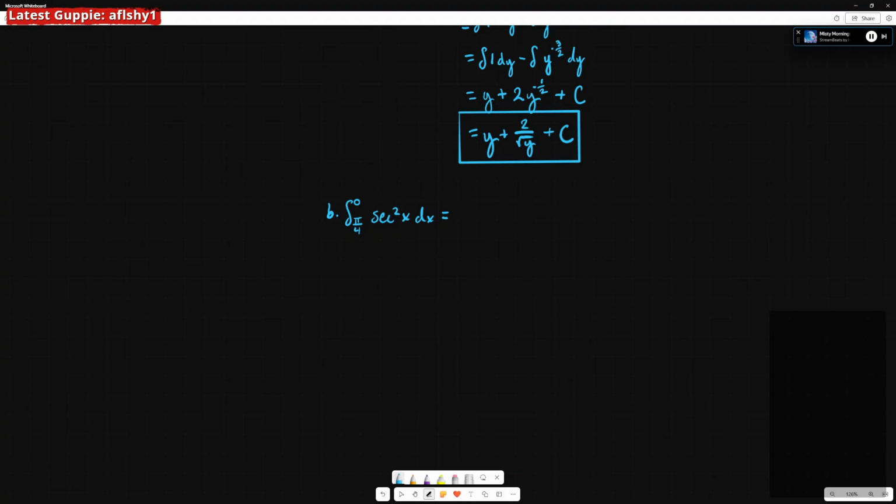Okay. So I'm going to mark over here, d over dx. Here, let me spice it up with a different color. d over dx of tangent of x is equal to secant squared of x.